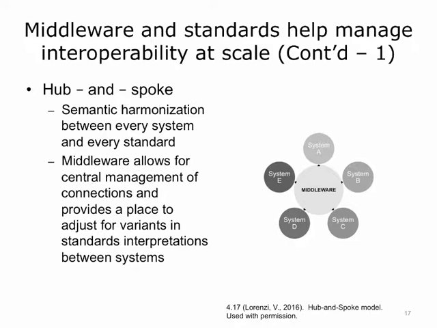It allows for central management of connections and provides a place to adjust for variance in standard interpretations between systems. Of crucial importance is that the data is flowing at all times so that the right information is available at the right place at the right time. Standards and our methods of implementing interoperability are always advancing, but the need for tooling to manage the complexity remains.